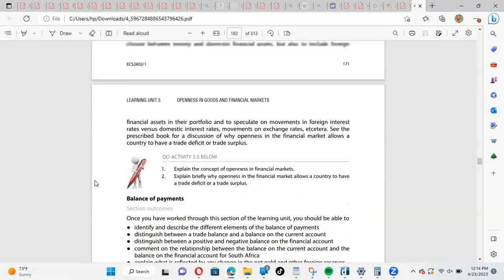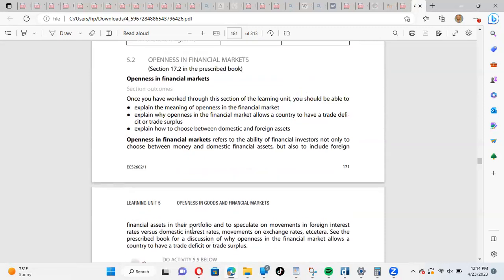And then, of course, that's definitely going to be affected by the interest rates, the foreign interest rates and the domestic interest rates, then the movements in the exchange rates, etc. So when we talk of foreign and domestic interest rates, we are referring to a situation where you want to choose either to invest abroad or to invest locally with a given interest rate, right?